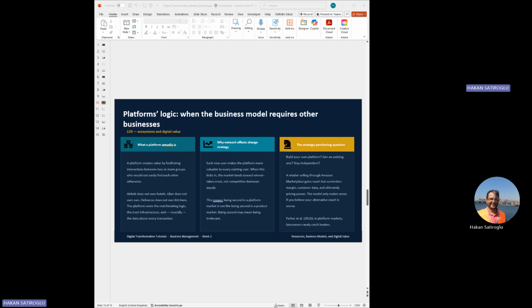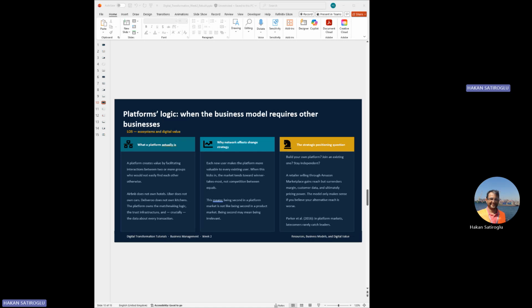So the market can start tilting towards one or two dominant players, not because they are always better in every way, but because they scale and take advantage of being on that platform. These platforms are important for organizations to be part of. You need to take care of this as a digital transformation part.